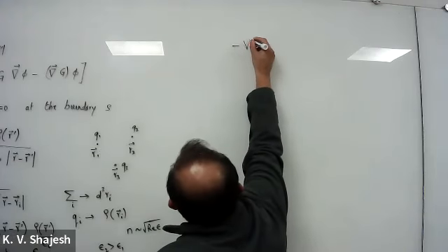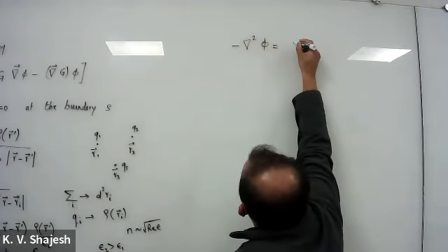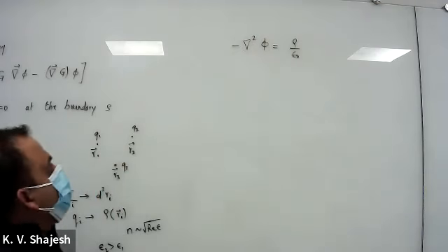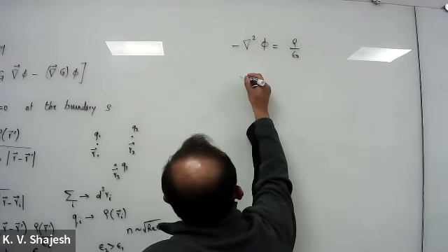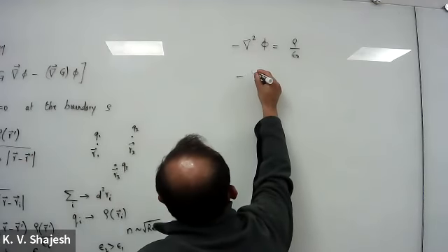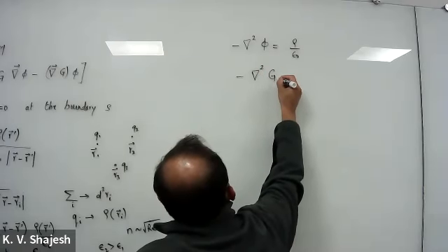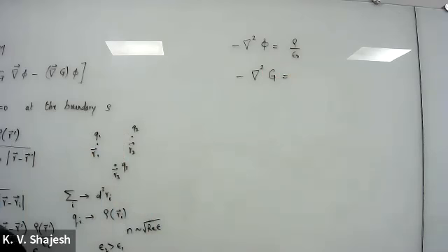So this is gradient squared of phi equal to rho over epsilon naught, right? That's also our equation. And there is a second equation I wrote. This time I write it symbolically. Gradient squared times G is equal to a delta function.